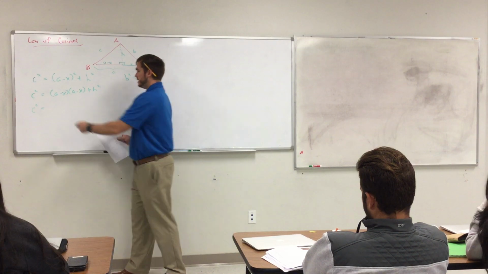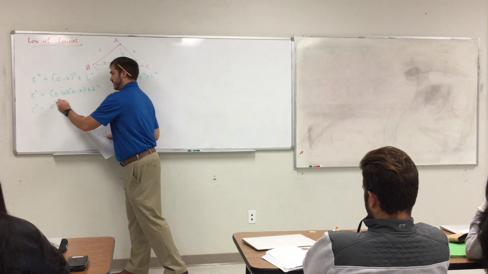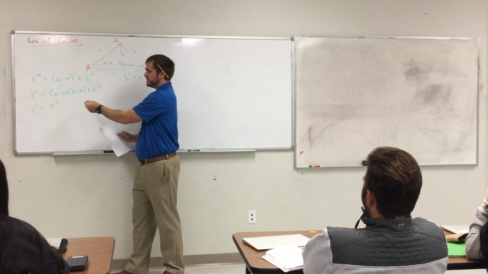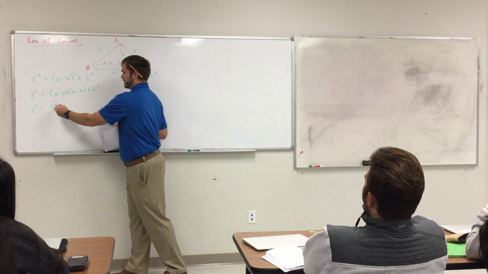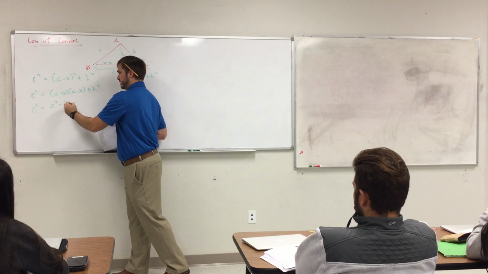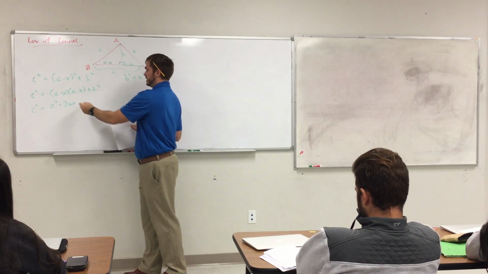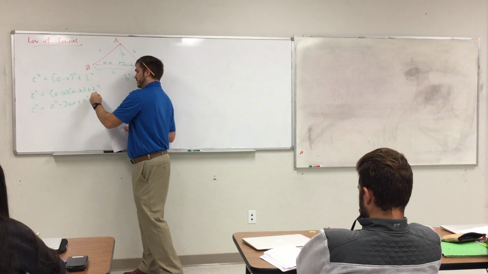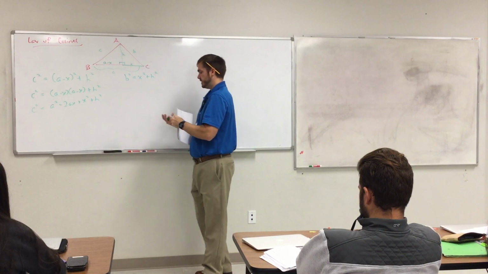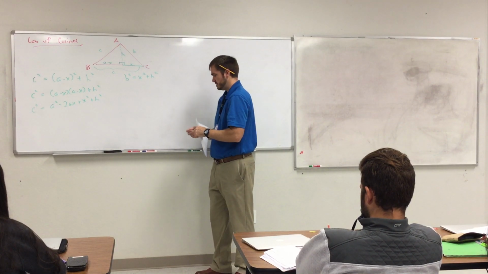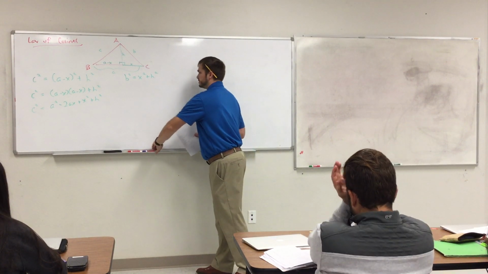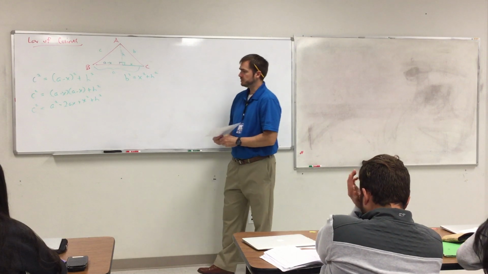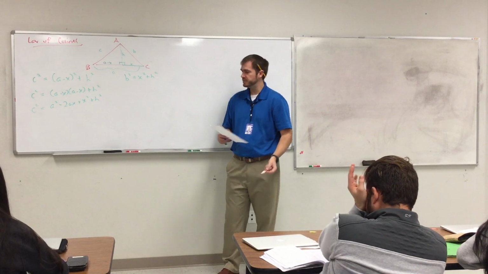So a times a is a squared. A times negative x is minus ax. Another minus ax gives me minus 2ax. And negative x times negative x is plus x squared. And then we've got that plus h squared. So a squared minus 2ax plus x squared plus h squared.